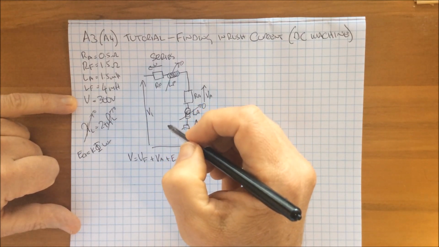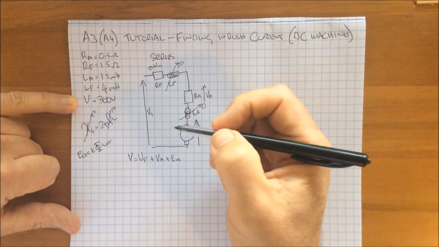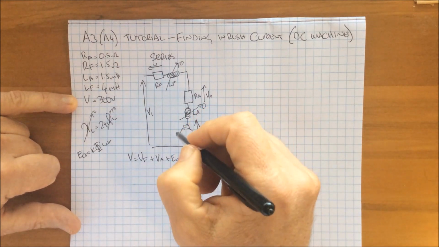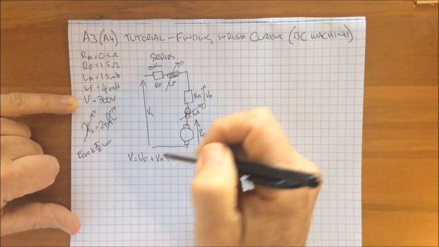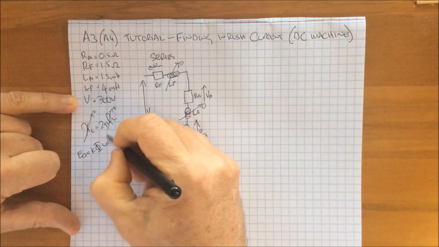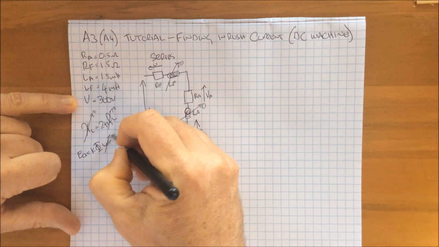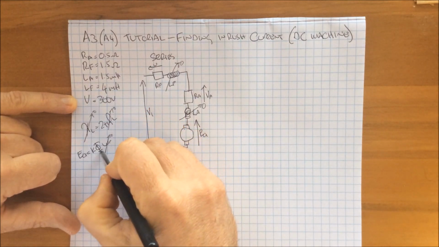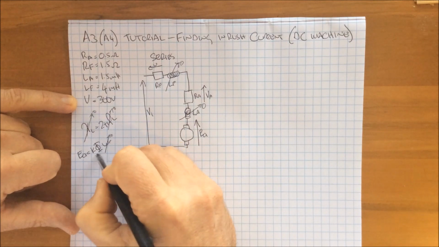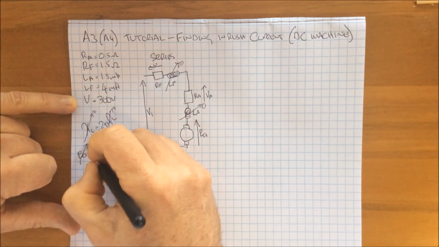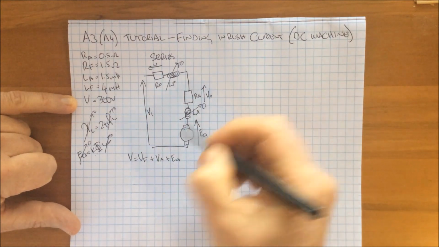Yes, that'll change very soon as the machine starts going, unless it destroys itself, as some of these calculations will show. But at the moment of turn on, the rotational speed is 0, so that term goes away. 0 times the flux, doesn't matter what it is, times the machine constant, doesn't matter what it is. 0 times anything gives 0. So our back EMF term goes to 0.